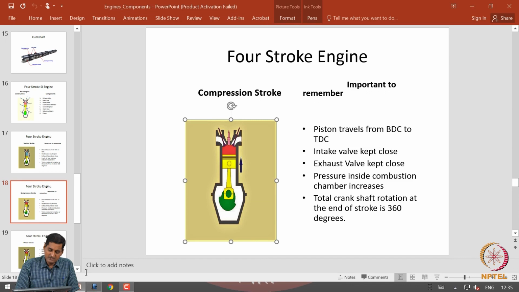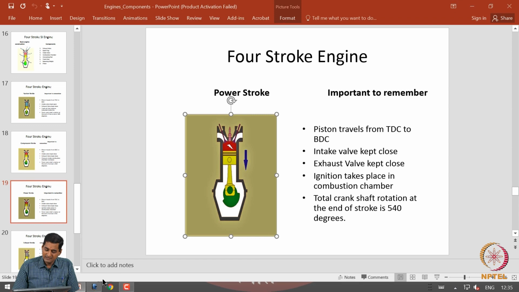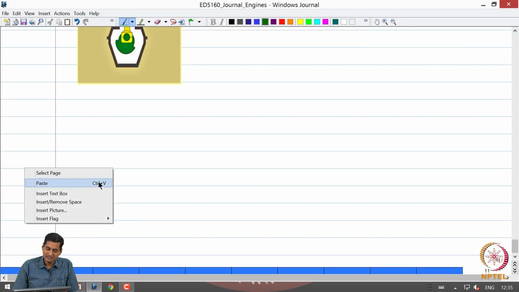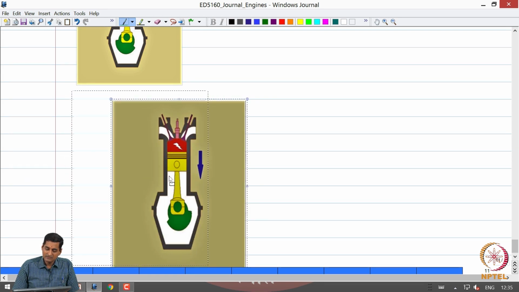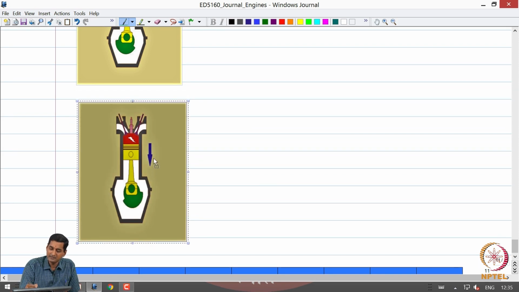So, once the compression stroke is completed, towards the end of the compression stroke, the fuel air mixture is ignited by means of the spark plug. So, what happens here? The piston goes closer to the top dead center and the spark plug gives a high voltage spark which ignites the fuel air mixture.